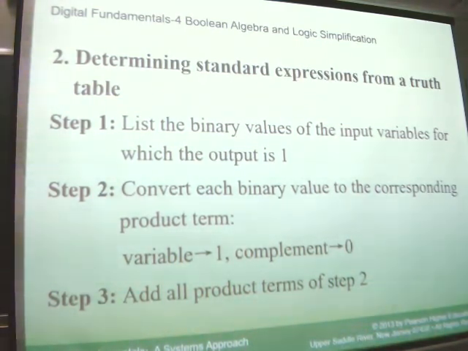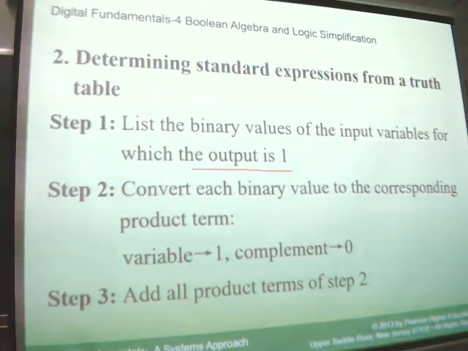Okay, continue to review section 47: determining standard expression from a truth table. If we know the truth table, we can get the standard SOP expression. The first step is to list the binary values of the input variables for which the output is 1.